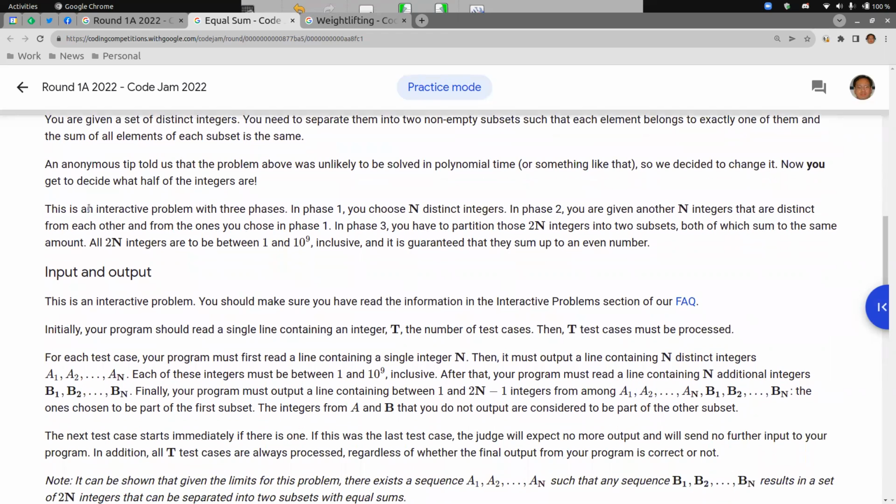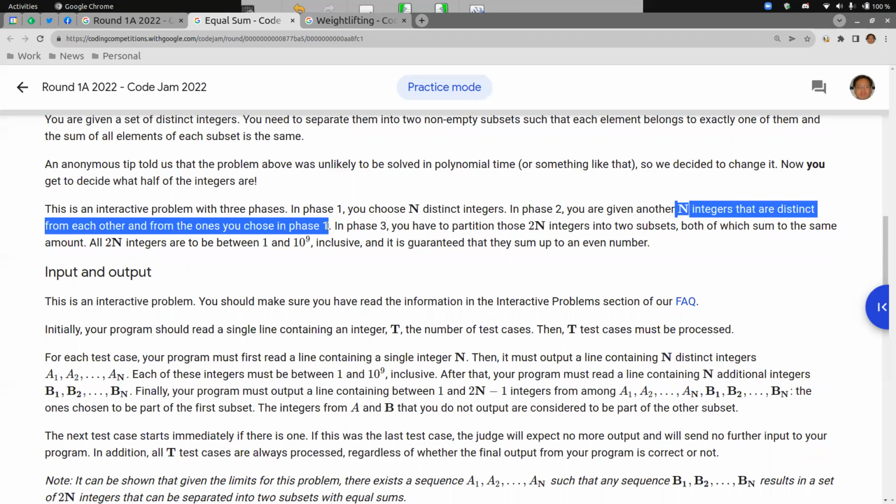Okay, so an interactive problem with 3 phases. In phase 1, I give them n distinct integers. So I have to choose n distinct integers. In phase 2, they are going to give me n integers that are distinct from each other and from the ones you chose. So at the end of the day, you chose n integers, they give you n integers, all of them are different.